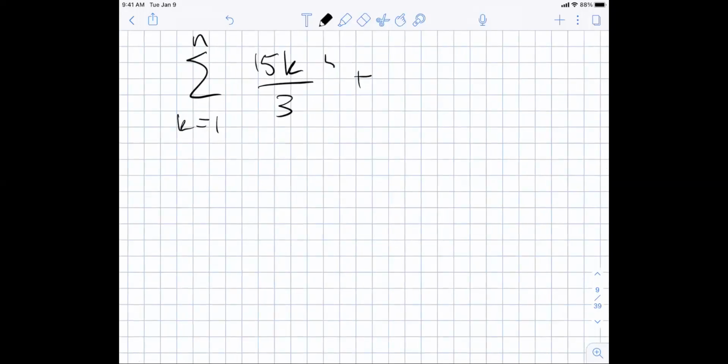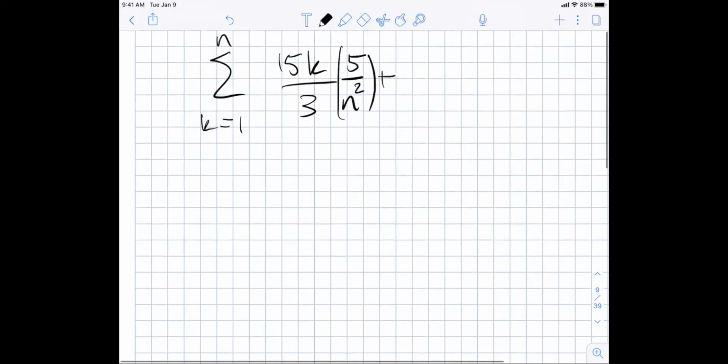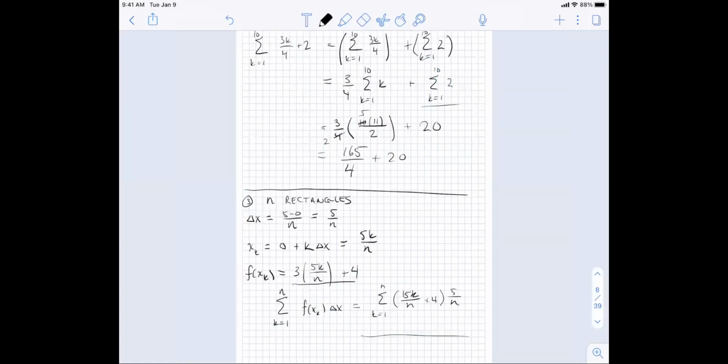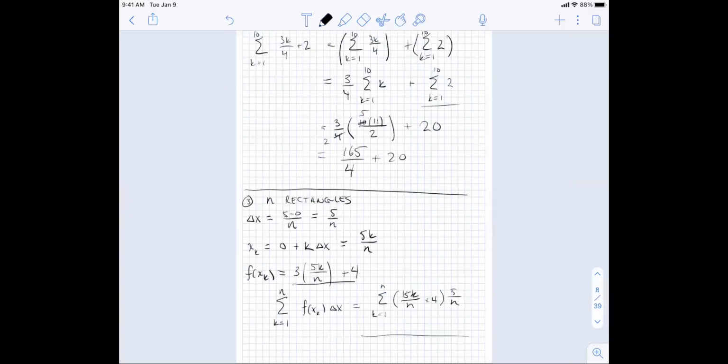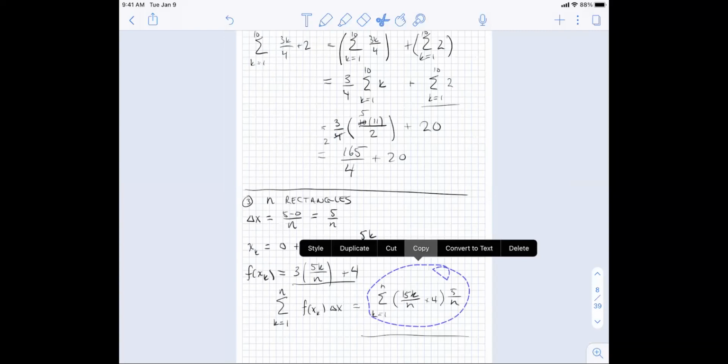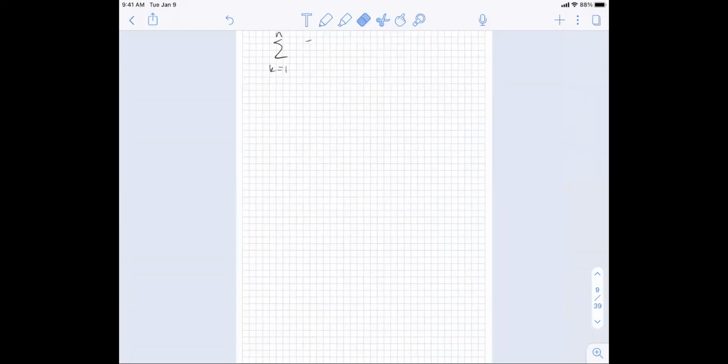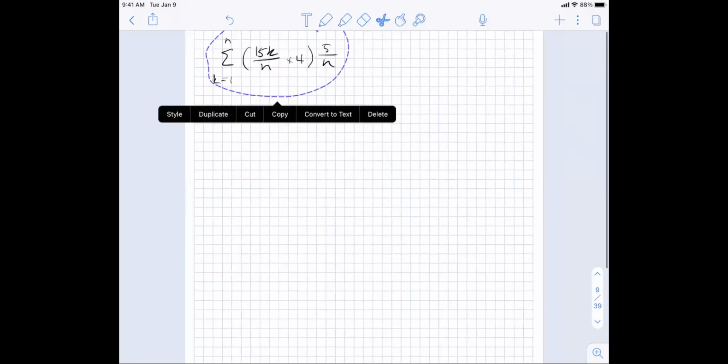Sorry, that should have been an n. That was my bad. Hold on, let me restart that. Going back and forth got me mixed up. I'm going to copy and paste this instead of going back and forth. Paste. There we go. All right, so this is what we want to simplify.